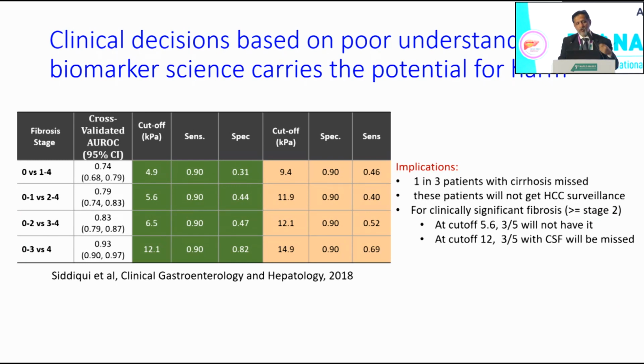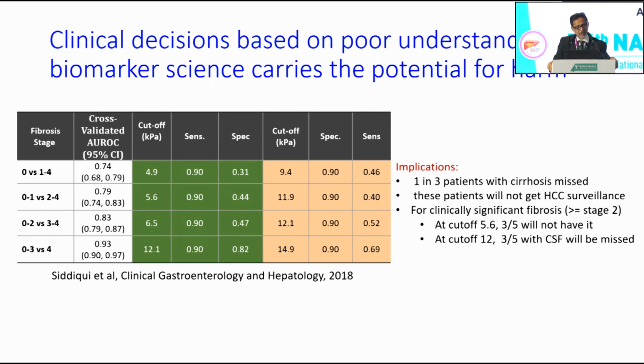So then, if you look at how clinical decisions are made routinely, often it is based on poor understanding of biomarker science that carries the potential for harm. I need to put my glasses on so I can read my own laptop over here. So these are data that Dr. Siddiqui did many years ago as part of the NASH CRN that we worked on together.